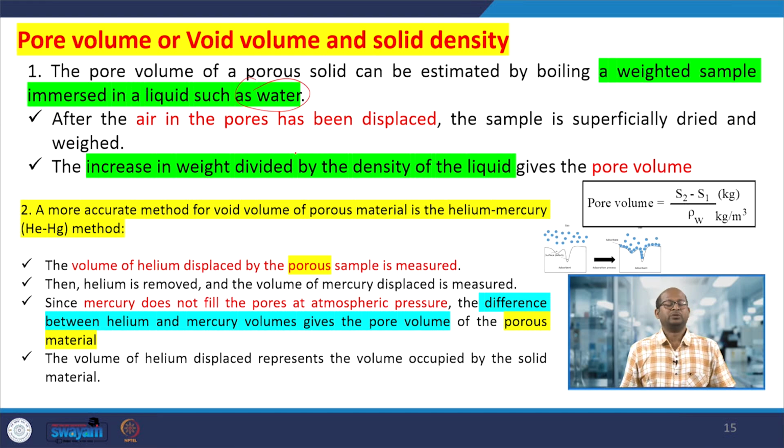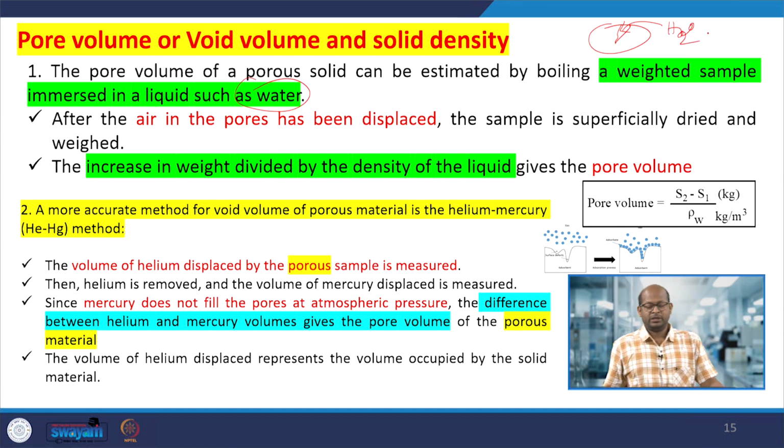In a solid sample first you have to take the initial weight, and then after putting water in that material, some water will get adsorbed. Suppose a material is there, a pore is there, and the pore is filled with water. Okay. After that excess water will be evaporated out, and the water that remains in the pores remains in that material. After that evaporation or drying, we weigh again. Then the difference of weight is this.